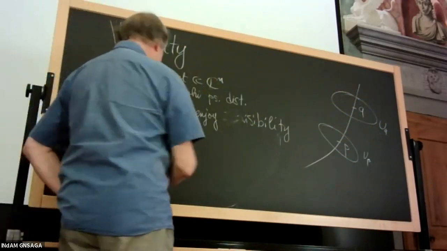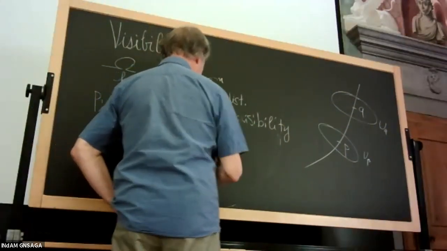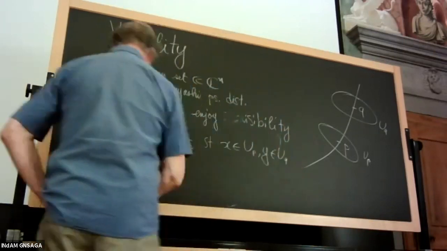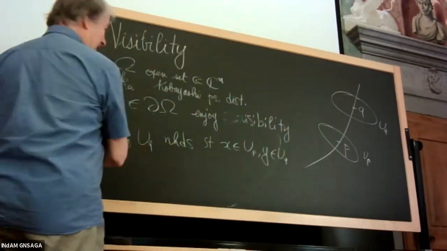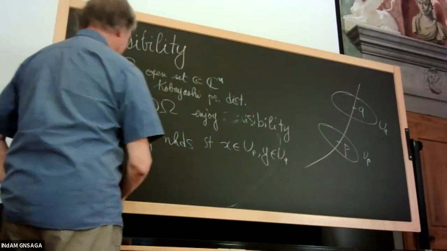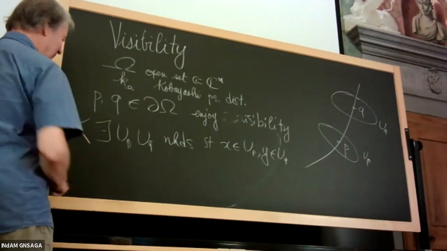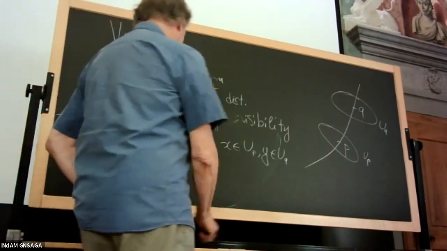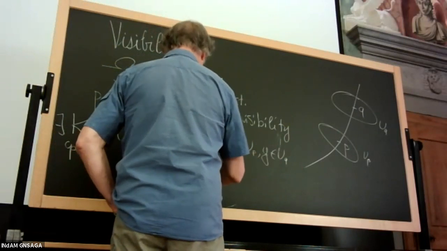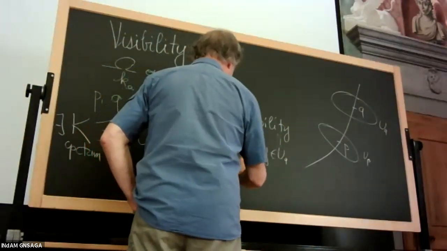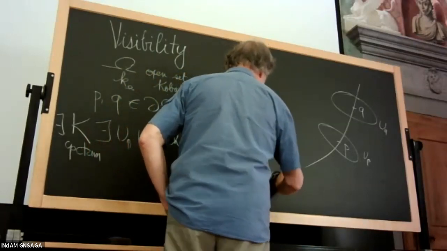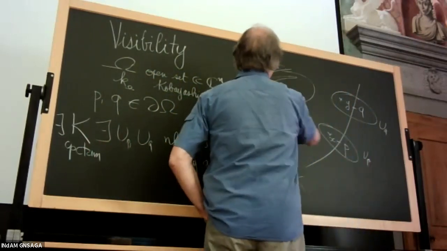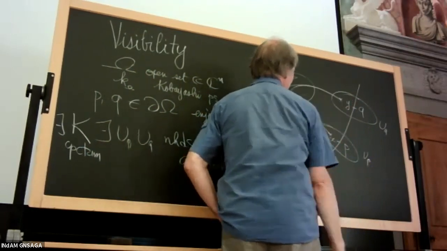Two neighborhoods of P and Q such that if you take one point X in one neighborhood and another point Y in the other neighborhood, there exists a compact set K, and we have to understand K is compact inside omega, so that any geodesic from X to Y intersects K. They have to go here.